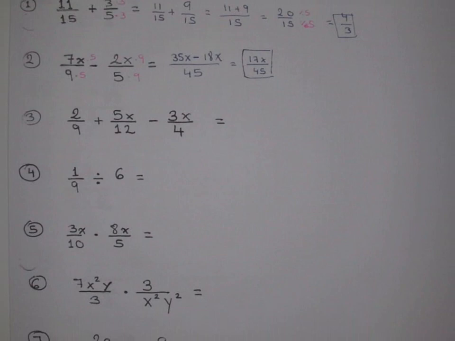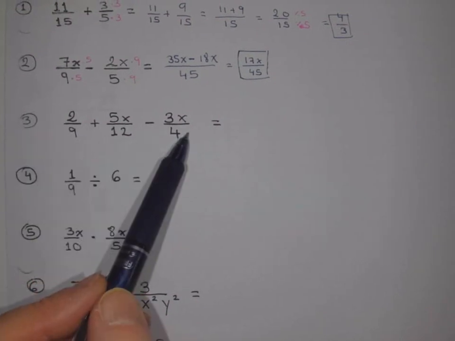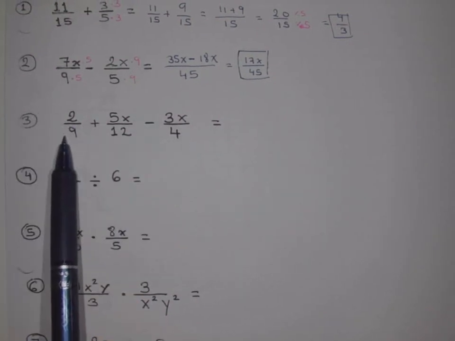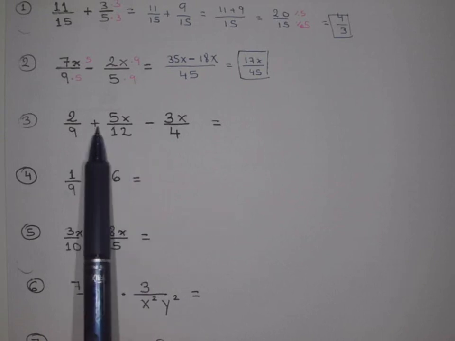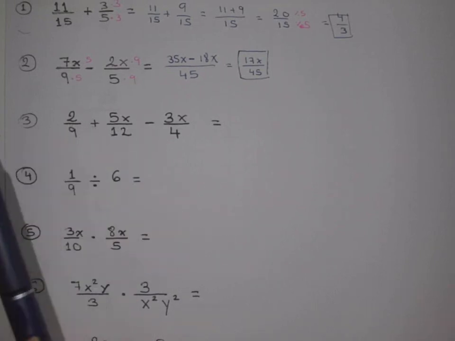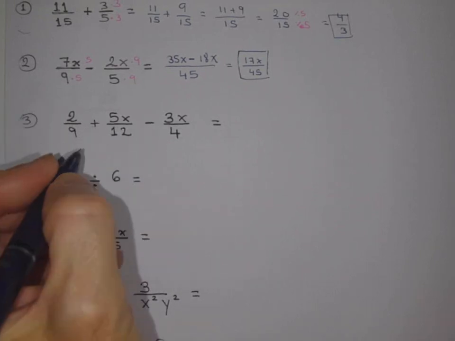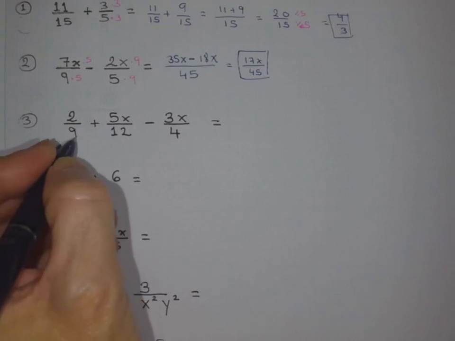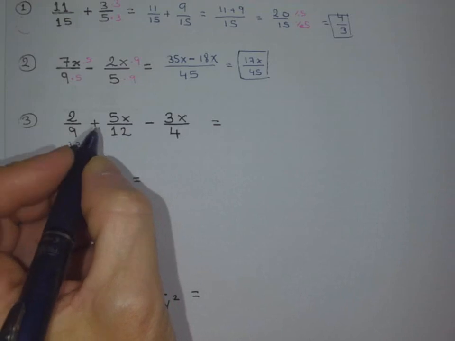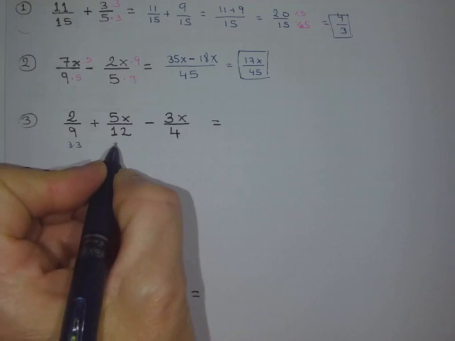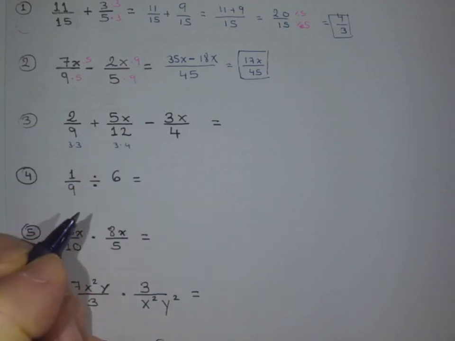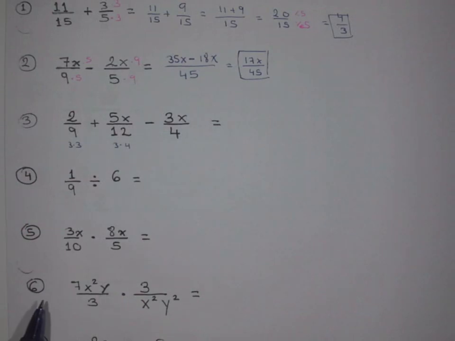Alright, next one. Now I have 3 fractions, and so I still need a common denominator because I'm adding or subtracting, right? So I'm going to ask myself, what exactly do I have? 9 is the same thing as 3 times 3. 12 is the same thing as 3 times 4, and then I have a 4 here. Okay, so what is it that I'm missing?